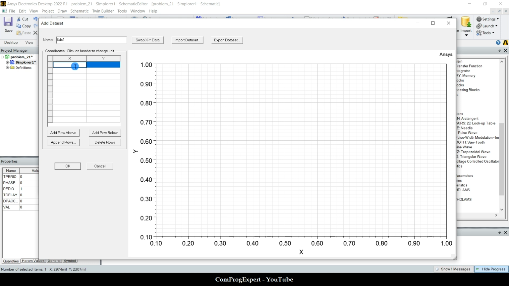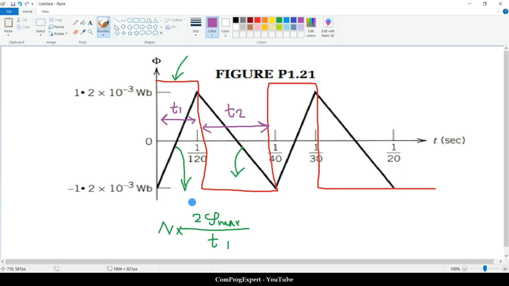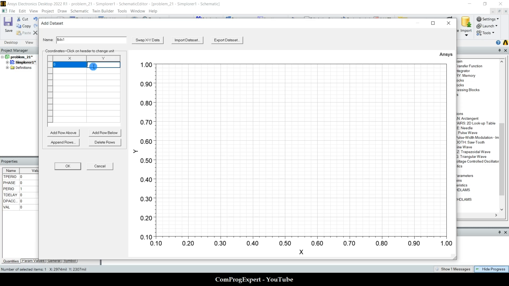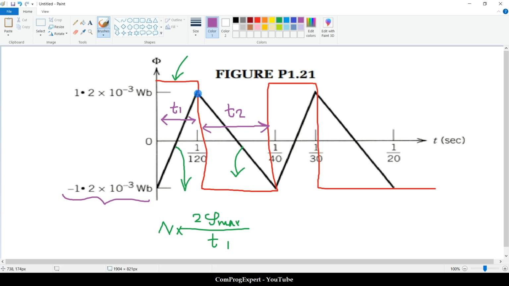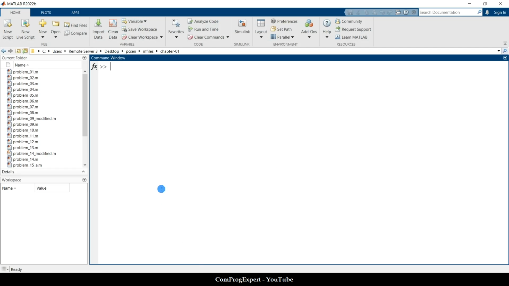At 0, what is the value of y? It is equal to minus 1.2 times 10 to the power minus 3, so I write minus 1.2e-3. The next time point is this one, 1 divided by 120. What is the value of 1 divided by 120?